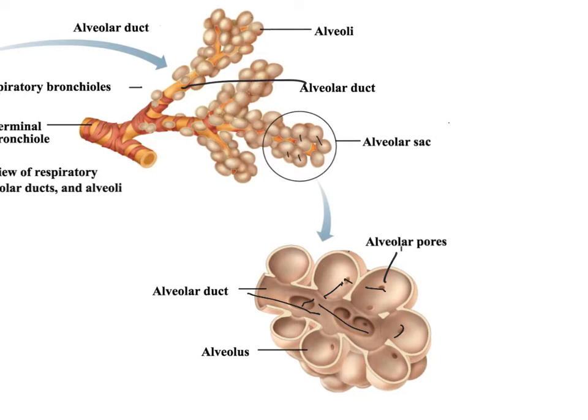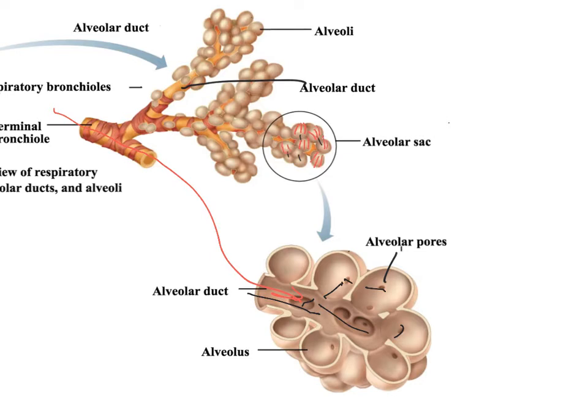It's never technically internalized. So air comes down through the alveolar ducts, eventually down to the alveolus. It's still technically outside of the body. It has not crossed a cell barrier. So the capillaries are actually netted around the outside of the alveoli.